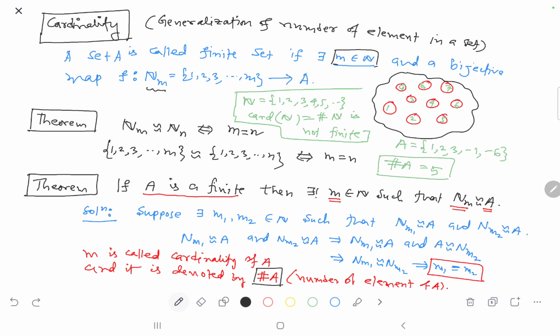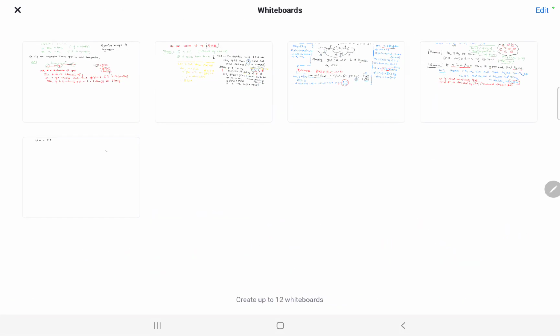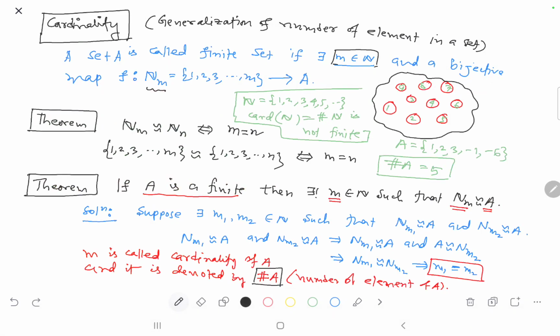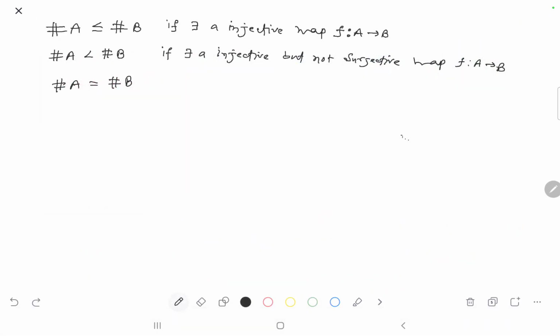The cardinality equality definition, I did not write here. Let me check. Okay, I have to write it down here. So this is the first definition, this is the second definition, this is the third. Cardinality equality means there exists a bijective map, a bijection f from A to B. Any questions so far?